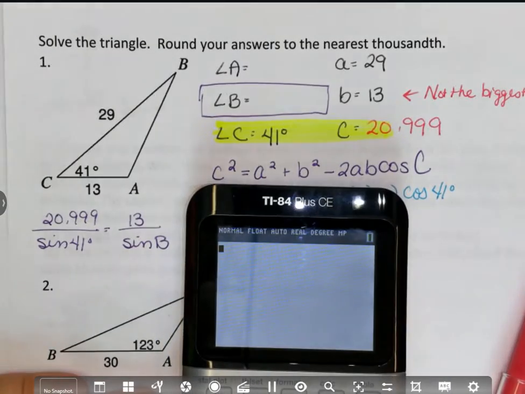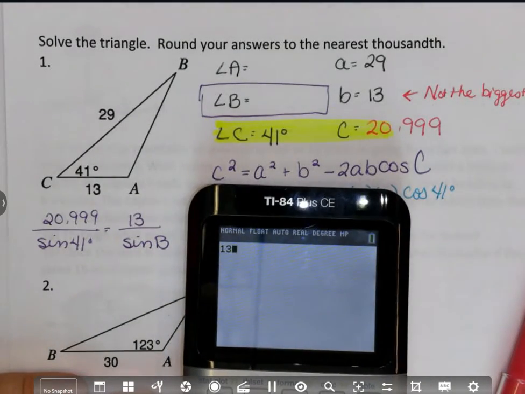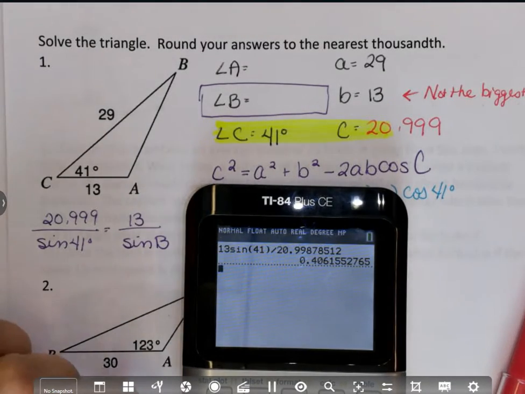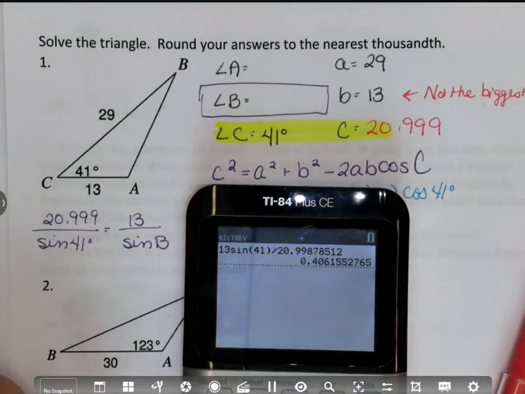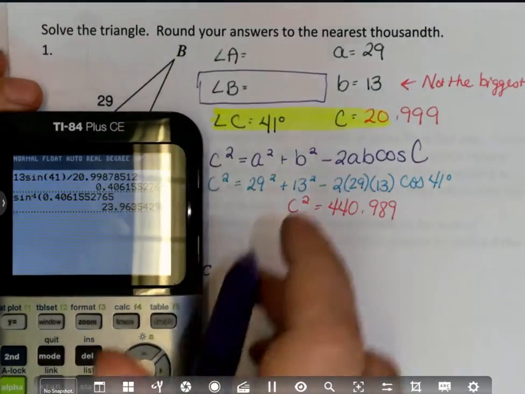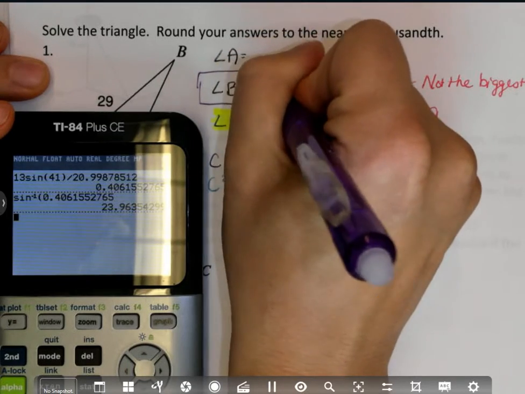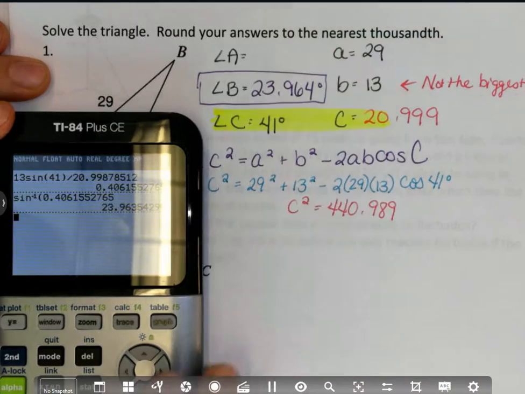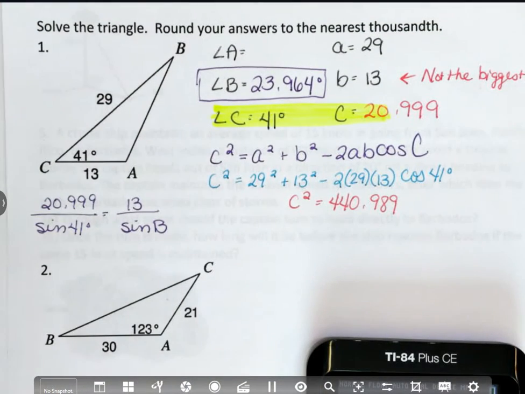Nothing different: 13 sine 41 divided by that other number, inverse sine, and I come away with B equals 23.964 degrees. Are we in agreement? Because I'm not really good at typing things into my calculator. I know I screw that up a lot.